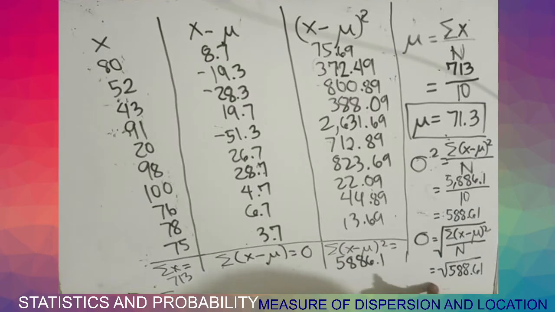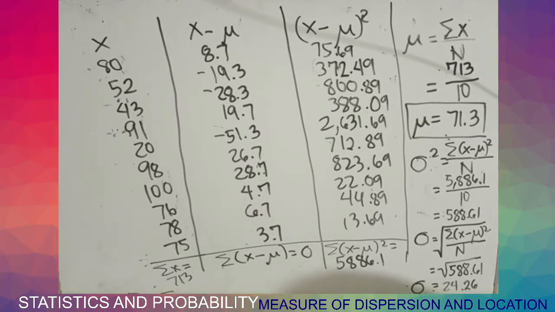Kita pa ba? So, square root ng 588.61 ay 24.26 na lang. Okay? So, 24.26 yung value ng ating population standard deviation.